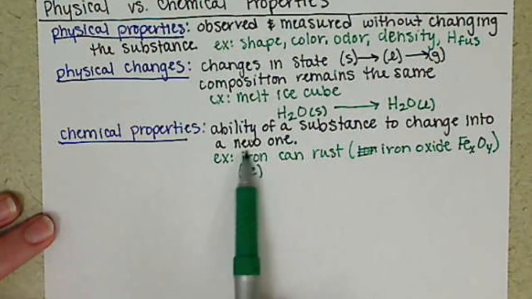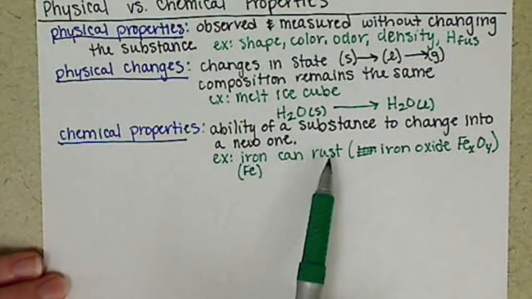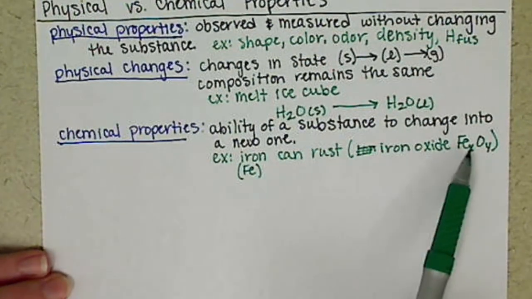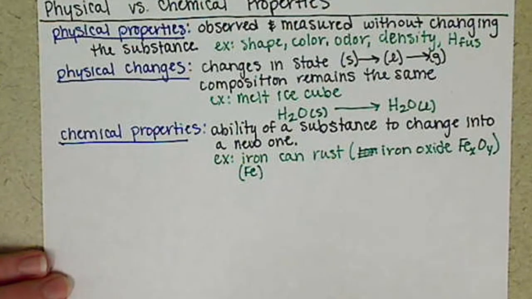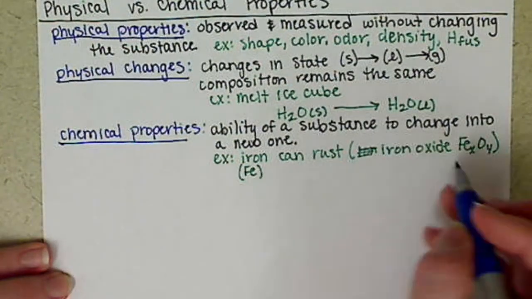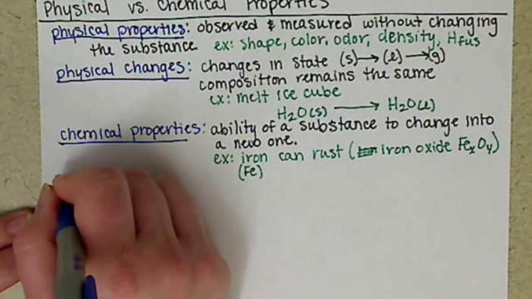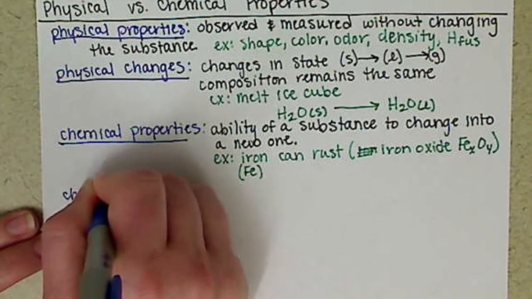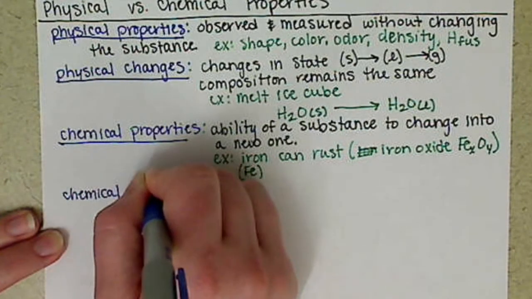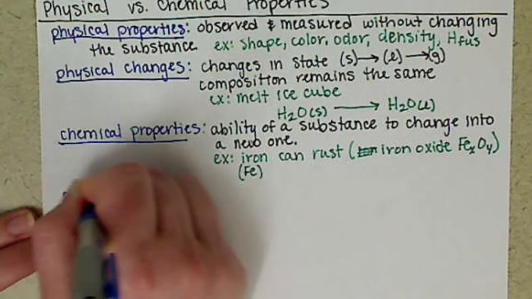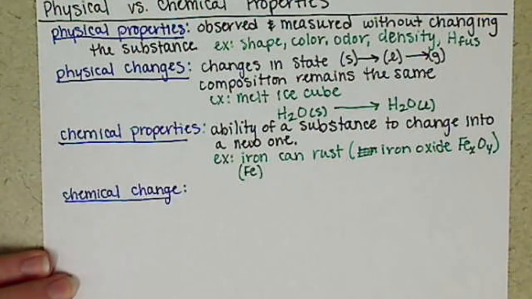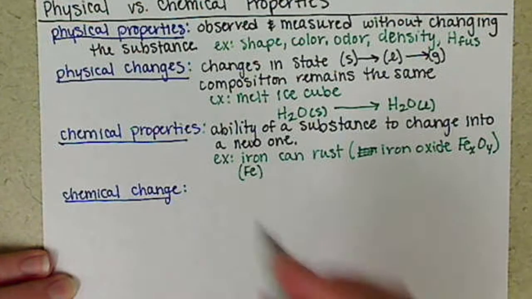So we can take iron just by itself. It has the chemical property of being able to rust, to change into a new substance. The chemical change is what occurs if that were to happen, where it actually changes into a new substance.